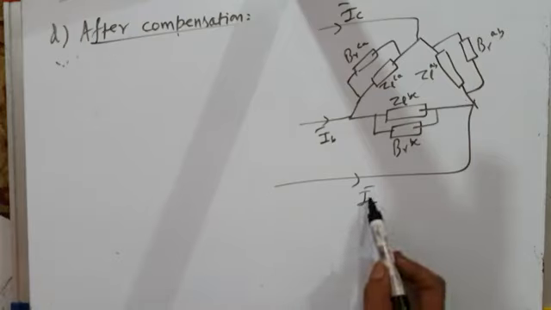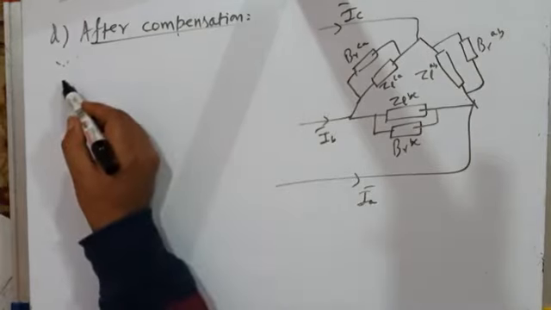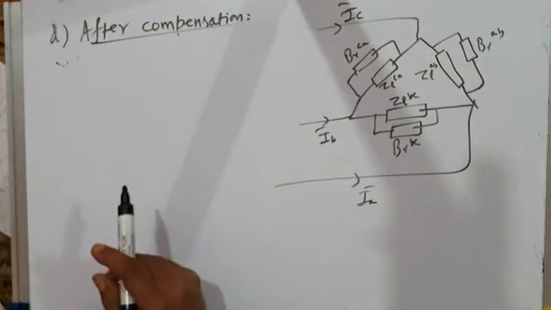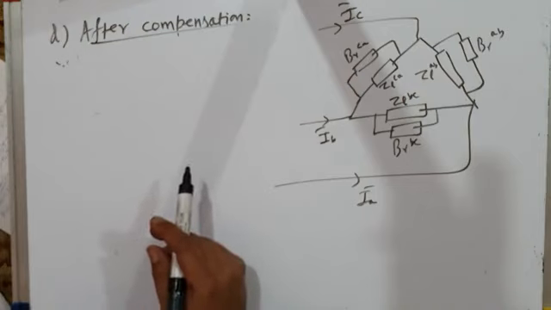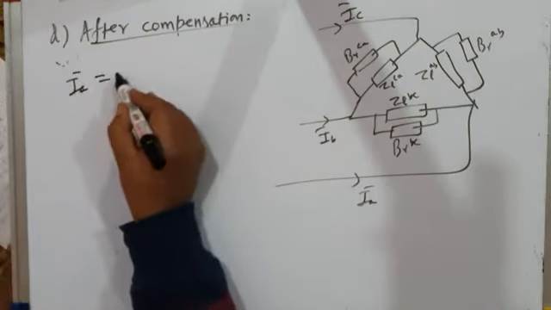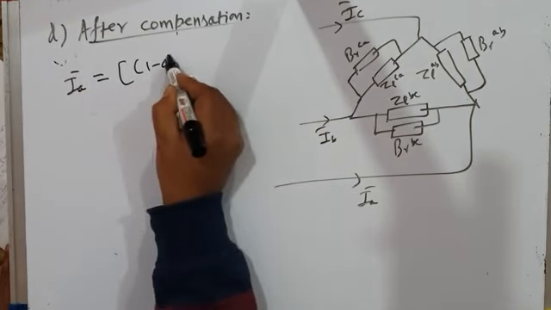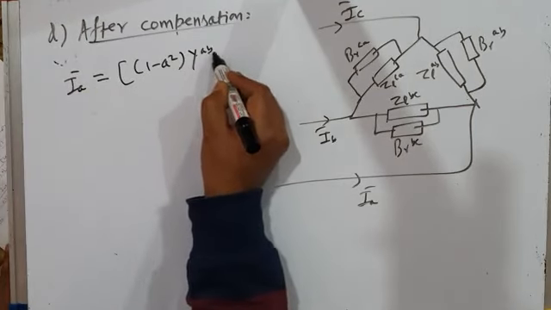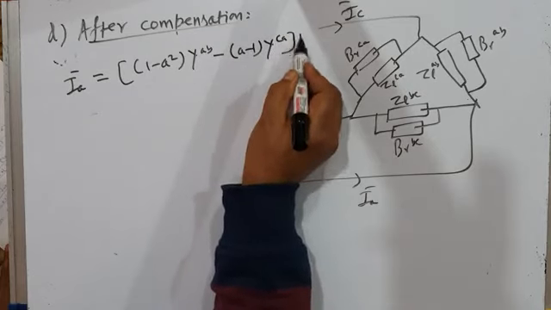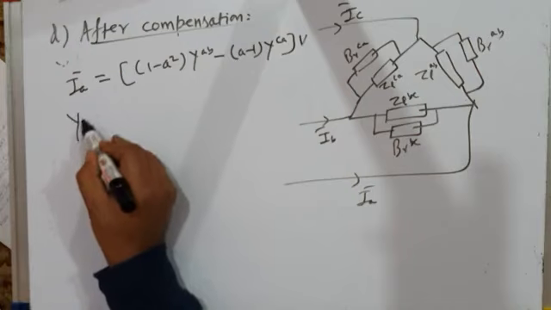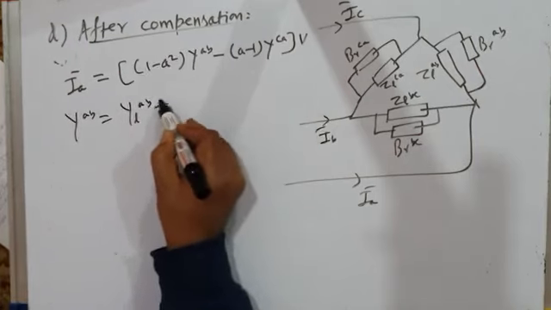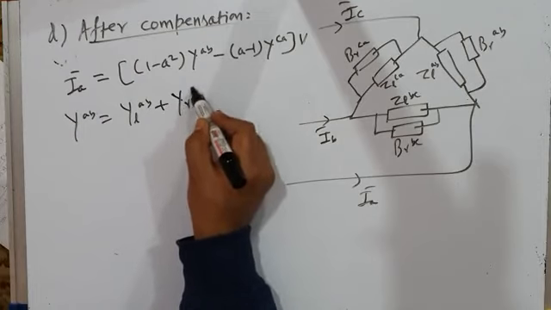लाइन करंट्स निकालने के लिए, IA, IB, IC निकालने के लिए आप ये इक्वेशंस यूज कर सकते हैं जो हमने पहली वाली प्रॉब्लम में यूज की. Let me write, like अगर आपको IA निकालना है, IA is equal to (1 minus a squared) into YAB minus (a minus 1) into YCA into V. इसके लिए सबसे पहले you have to find YAB. What is YAB? YAB is YLAB plus Y gamma AB.